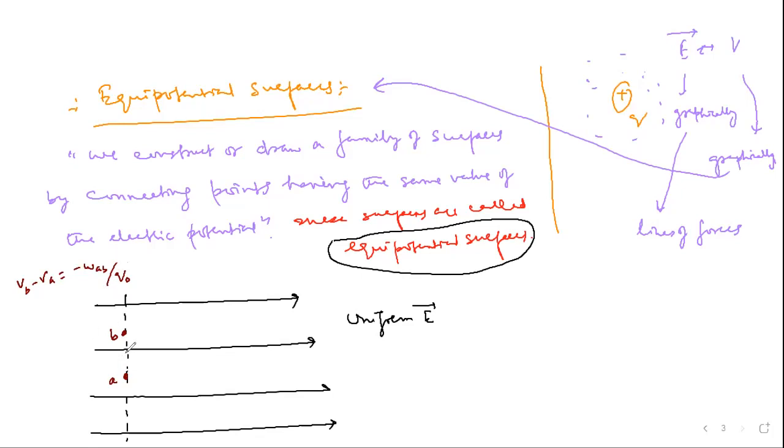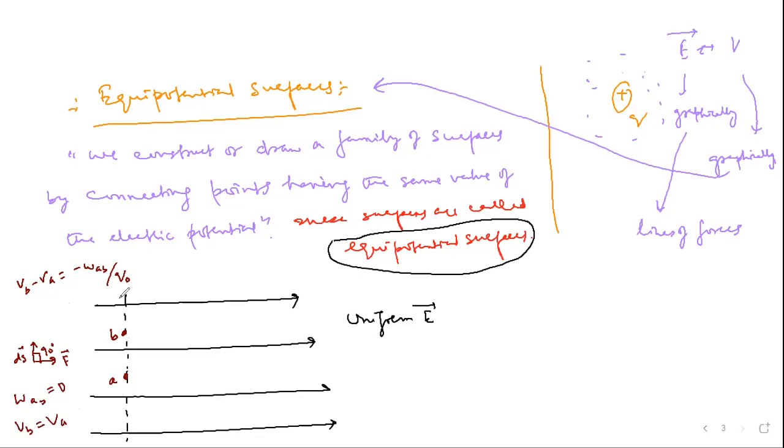Now see, if you move the test charge from A to B, displacement vector will be upward, electric field is to the right, so force will be to the right because test charge is positive. Angle between force and displacement will be 90 degree, so work will be 0. WAB will be 0. That will mean VB minus VA is equal to 0. That means electric potential at point A and point B is same, right? This cos 90 is 0.